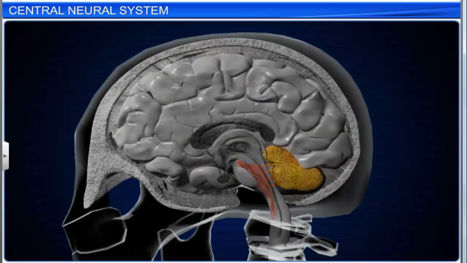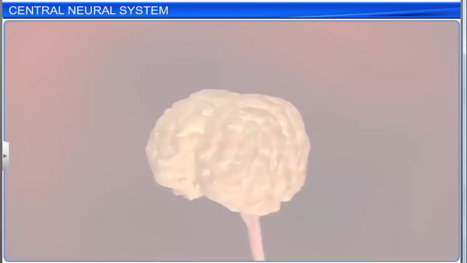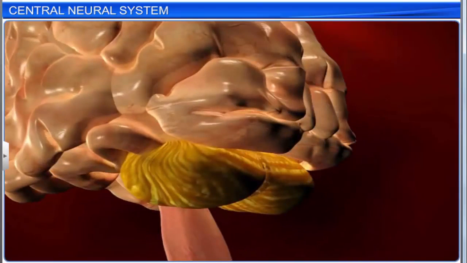The pons consists of fiber tracts that interconnect the cerebral cortex and medulla to the cerebellum of the brain. The convoluted surface of the cerebellum provides a lot of space to accommodate the maximum number of neurons. This part of the brain is responsible for coordinated body movement or balance of the body.